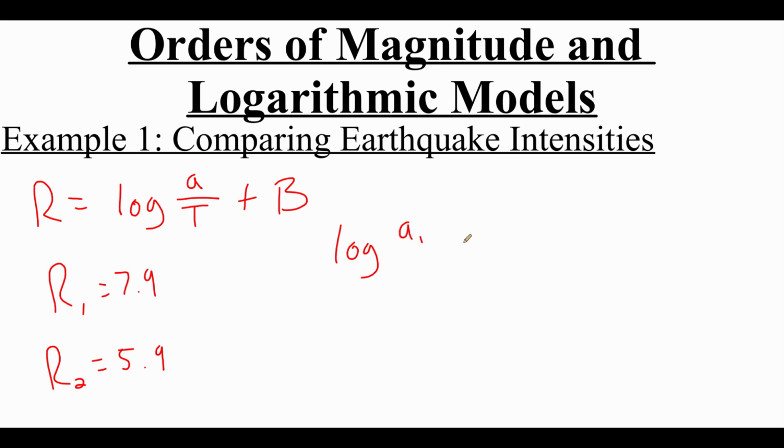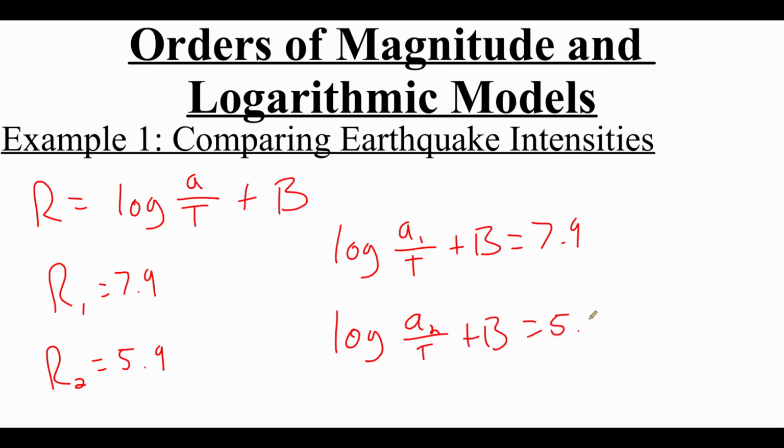We don't necessarily know the amplitude, so I'm just going to call it A1 over T plus B, and that would equal our 7.9 value. If we were calculating the second Richter scale value of 5.9, we would take the log of some different amplitude. I'm going to call that one A2 over T plus B, and that's going to equal our 5.9 value on the Richter scale.